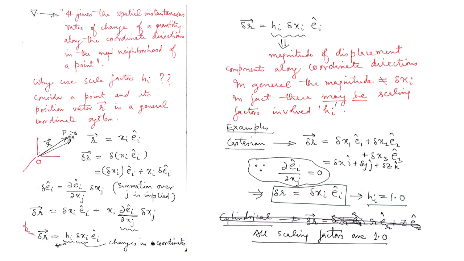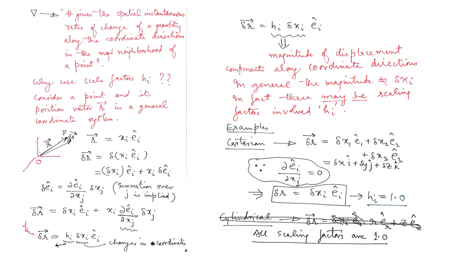So if you change theta by some amount, then the change in the unit vectors er and e theta can be written using ideas from calculus, where we know that the change in a function can be written as the product of partial derivatives of the function with respect to the independent variables which are changing, multiplied by the changes in those variables.